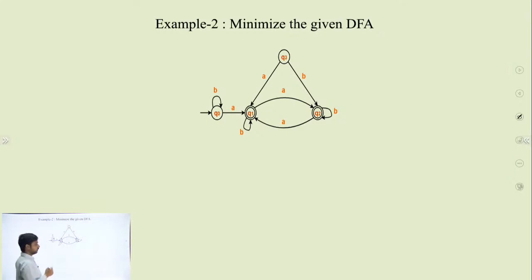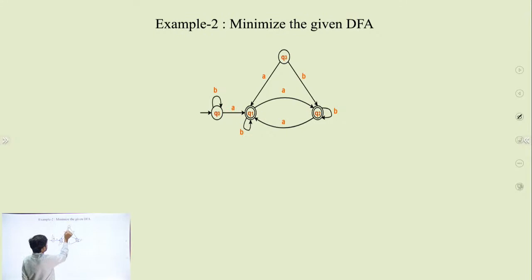Now the given DFA is this one. First of all, we see if there is any dead state or inaccessible state. From Q node we can go to Q1, and from Q1 we go to Q2, so Q1 and Q2 are accessible.